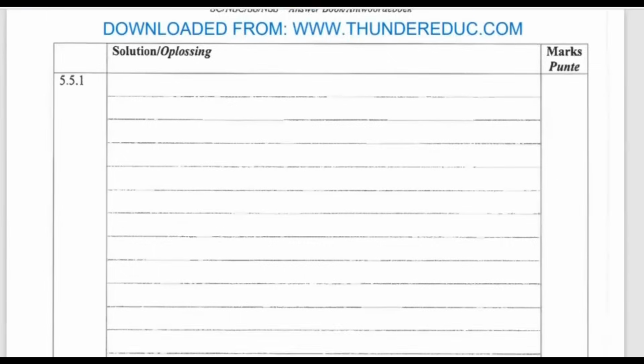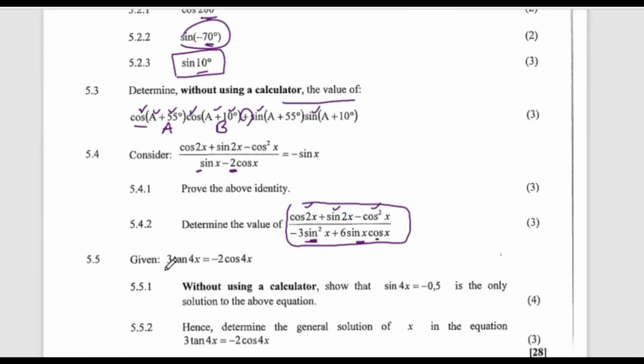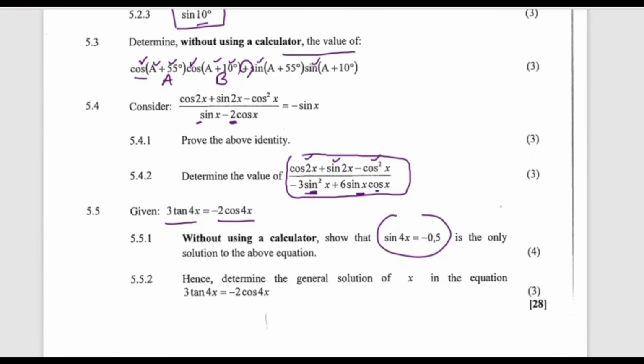Okay, and then 5.5.1. If you're given 3 tan 4x is equal to negative 2 cos 4x, without using a calculator, can you show that this is the only solution? It's a sine. You don't have anything like tan. Okay.